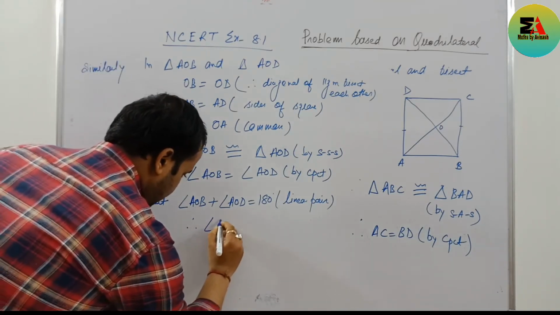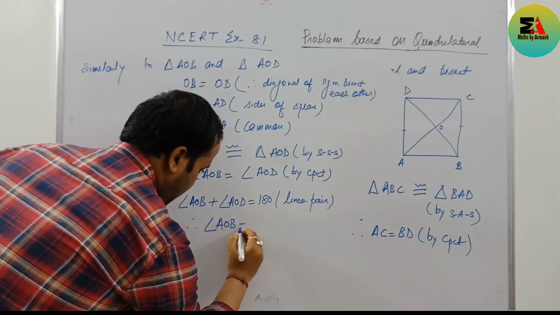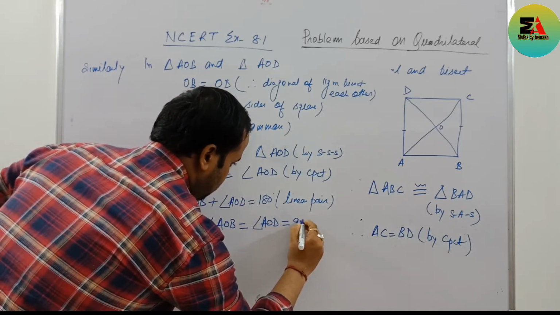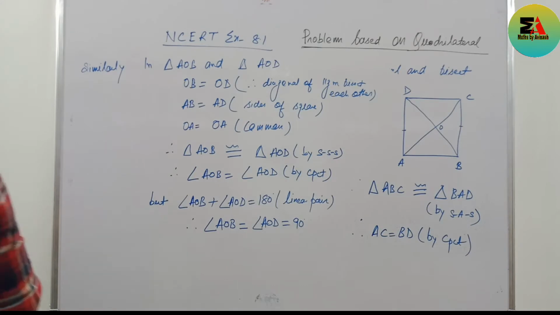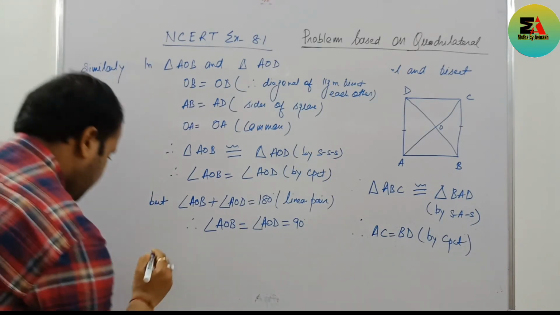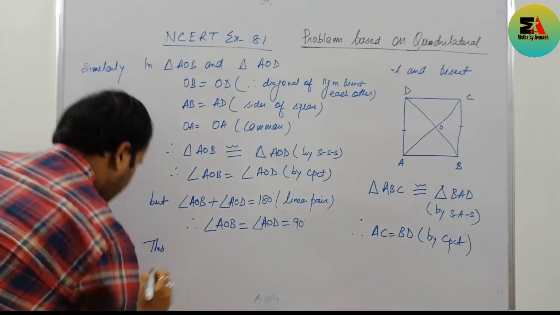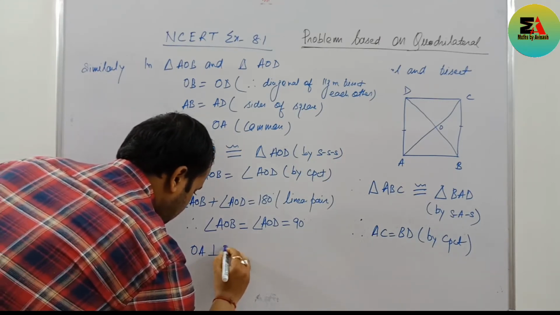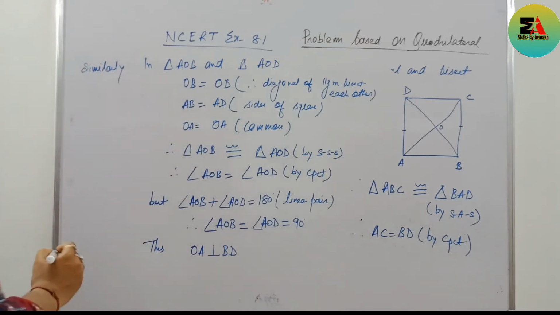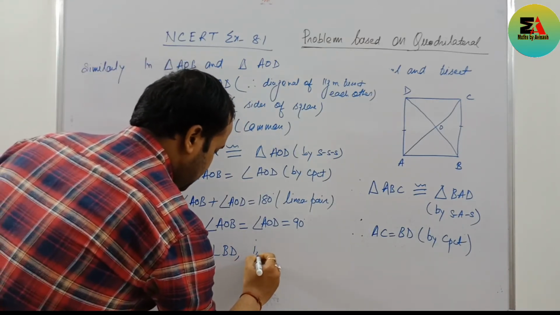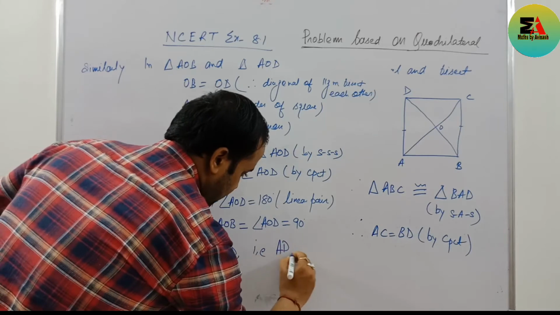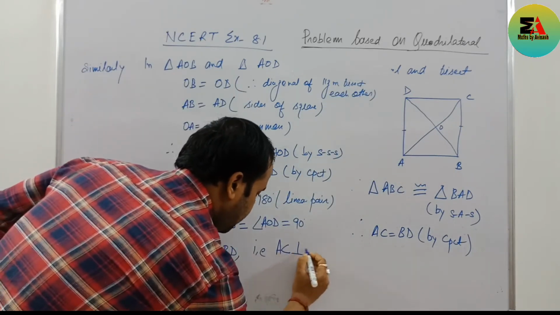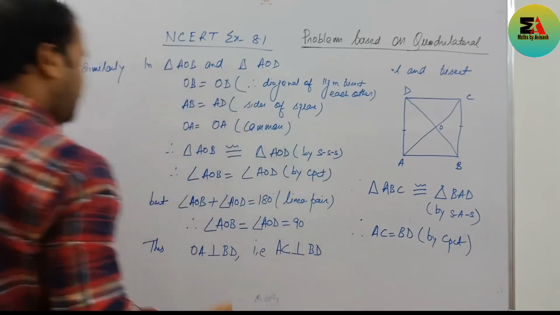Therefore, angle AOB equals angle AOD equals 90 degrees. Thus OA is perpendicular to BD, that is, our diagonal AC is perpendicular to BD.